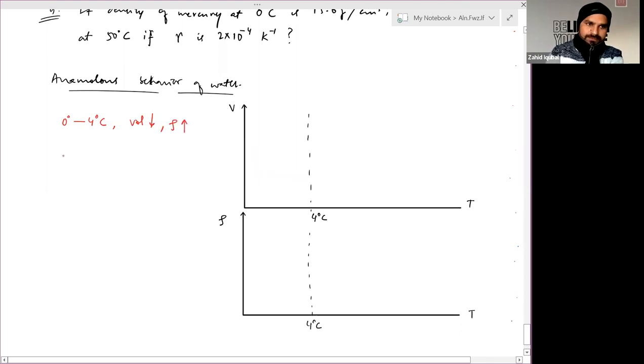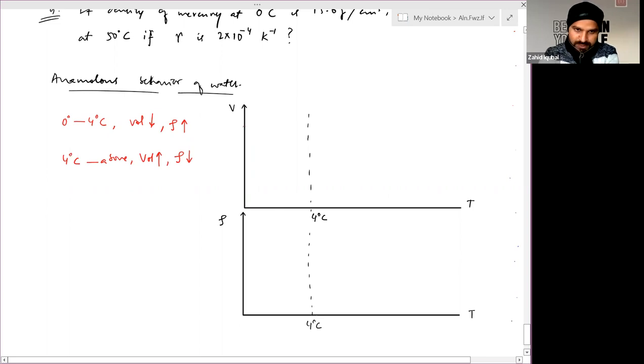And afterward, 4 degrees Celsius and above, volume increases with rising temperature and density consequently decreases. So from 0 to 4 degrees Celsius, its behavior will be different from all other objects.